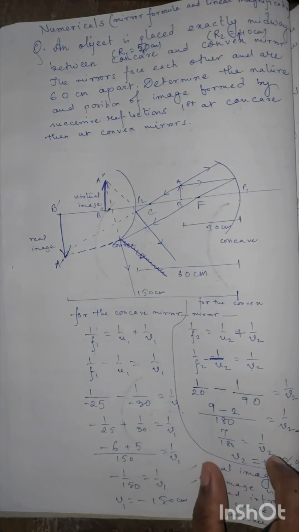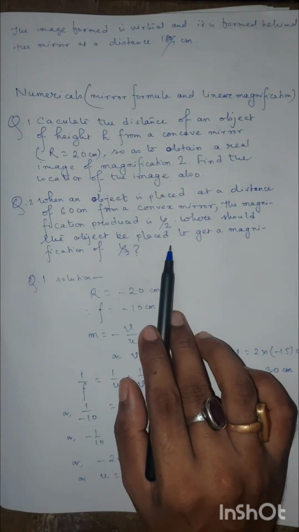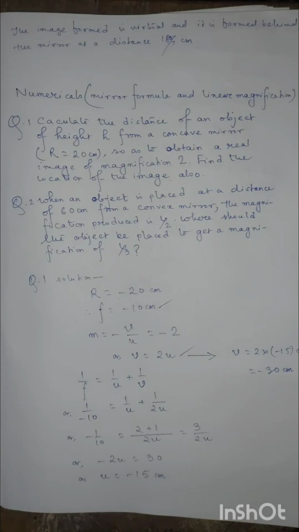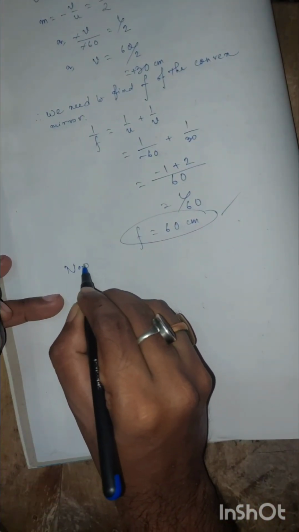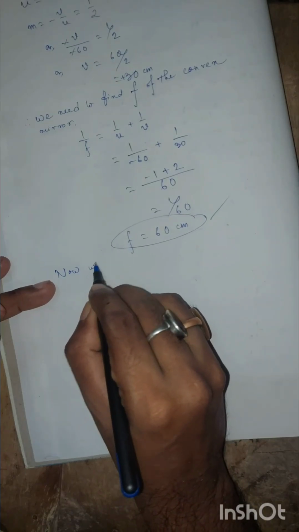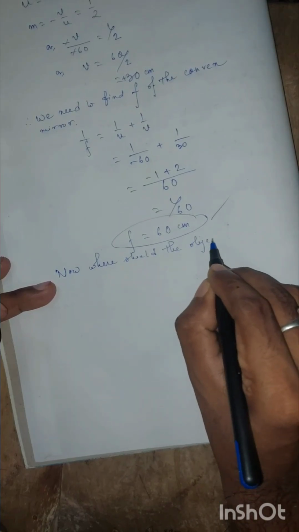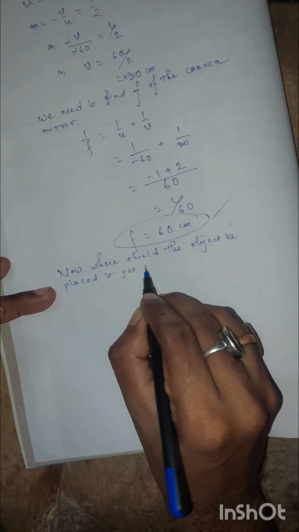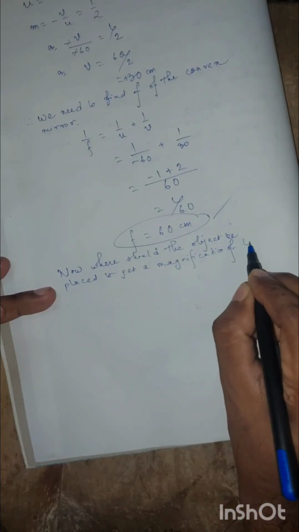Now we can come to the second part of the question, which says where should the object be placed to get a magnification of 1/3.